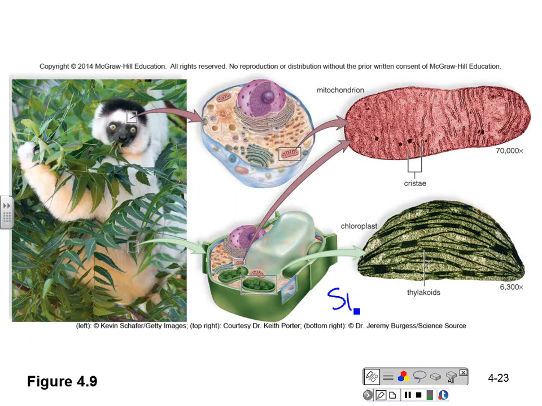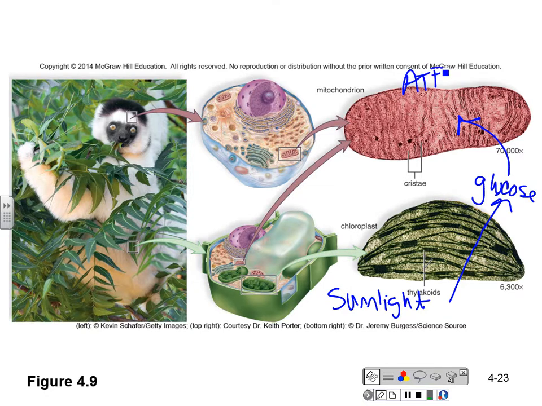We said we have sunlight, and the plants take sunlight and turn it into glucose, and then we eat the plant and the glucose, and when we eat the glucose, we turn it into ATP, and this allows us to do work like muscle contraction. So we are interdependent on mitochondria and chloroplasts.